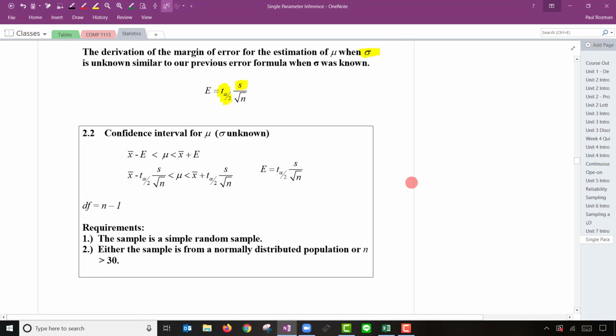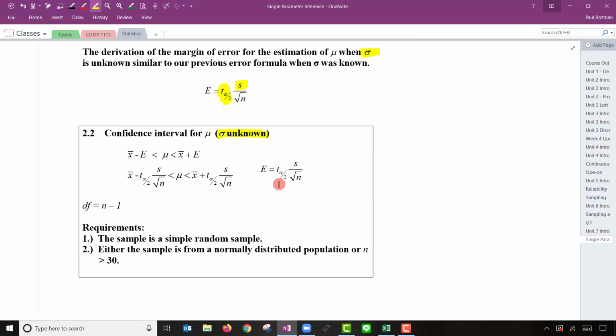So we have a new formula, but we can now just repeat all the stuff that we just did. We'll do an example where we calculate the error in the case where sigma is unknown. The only other little glitch we'll have is sometimes you can't use the t-distribution, and that occurs when the sample size is small and the population is unknown. But if your population is big, you're good to go.